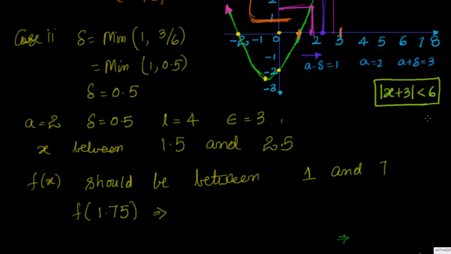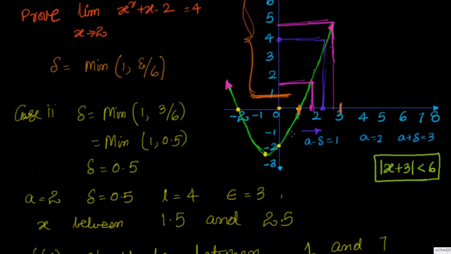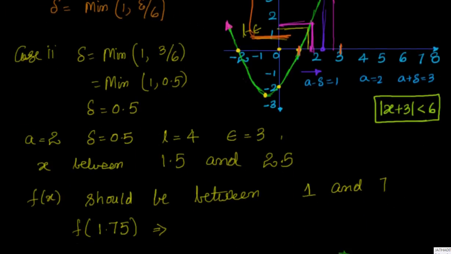F of 1.75 will be almost here. You just draw that. That will be between your two boundaries, this is L minus epsilon and this is L plus epsilon.